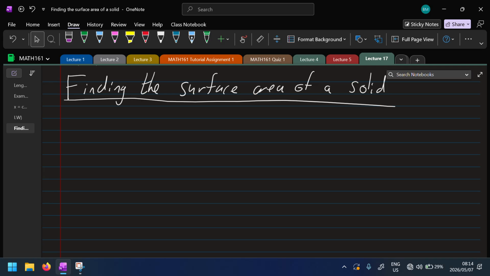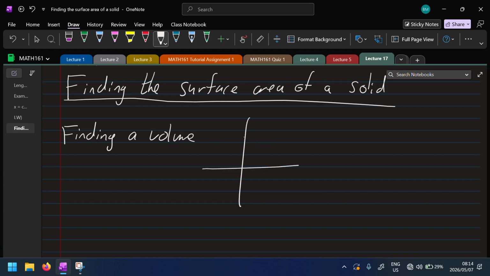Remember way back when we found the volume, we took some 2D region, rotated it around an axis, and that gave us a solid. So let's say we took this region here, a filled-in region. We rotated this around an axis, and this gave us a solid.